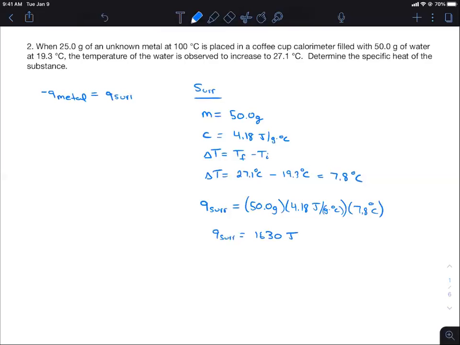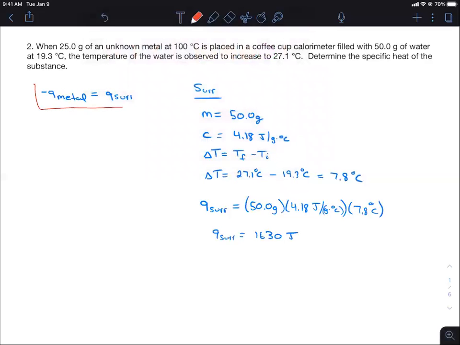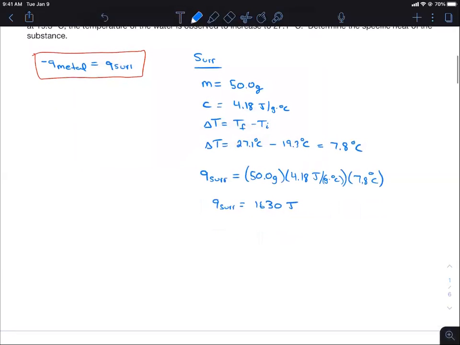So that's really the first step of this problem. Now we have to go back to our relationship up here, where we know the heat flow of the metal is equal in magnitude and opposite in sign. Once we have this value, we can say the Q of the metal, the heat flow to or from the metal, is going to be negative 1630 joules.